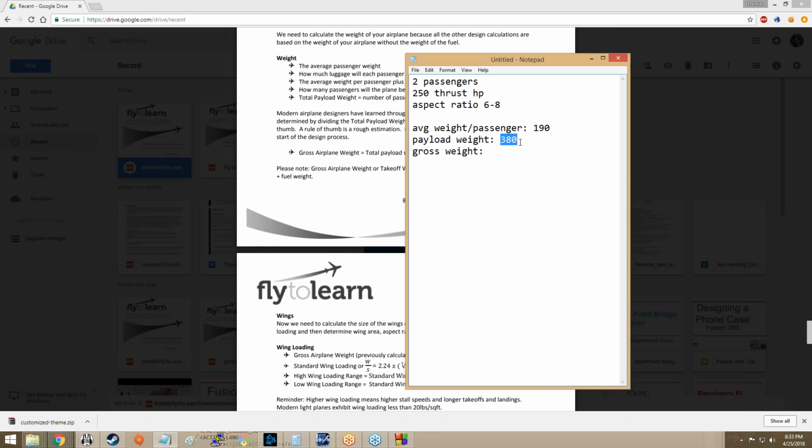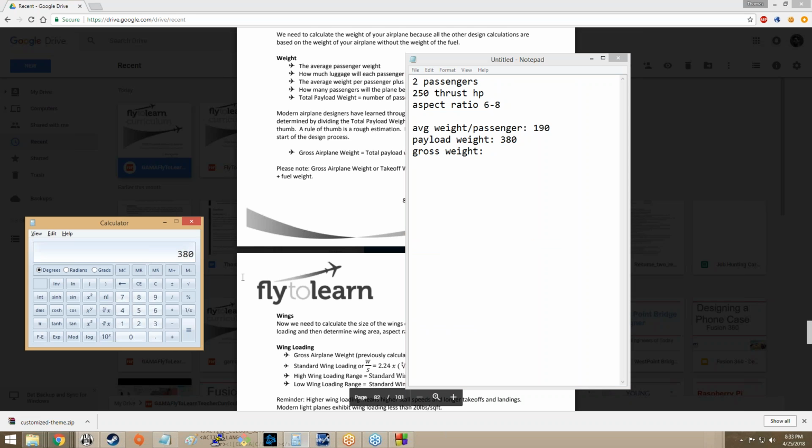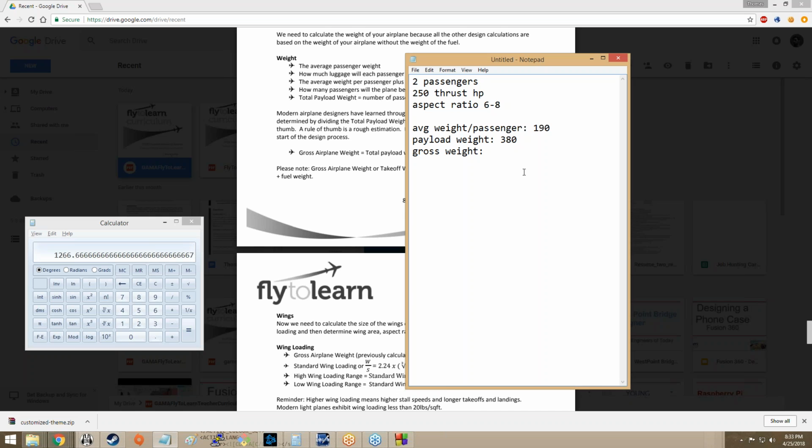So if we take 380 here, which is going to be our payload weight, and divide it by 0.3, so 380 divided by 0.3, that's going to give us a total airplane weight, or a gross weight, of 1,266. Let's say 1,267 pounds. So that's going to be how much our airplane is going to weigh with passengers and fuel and just generally existing.